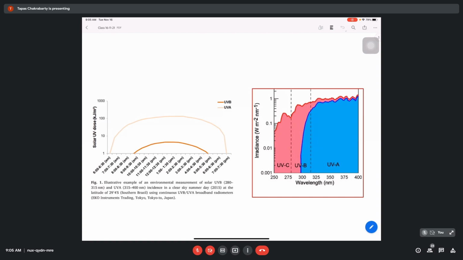Genotoxic in the sense that it can affect our genome, and also, on a smaller scale, the origin of what light causes is mutagenicity.